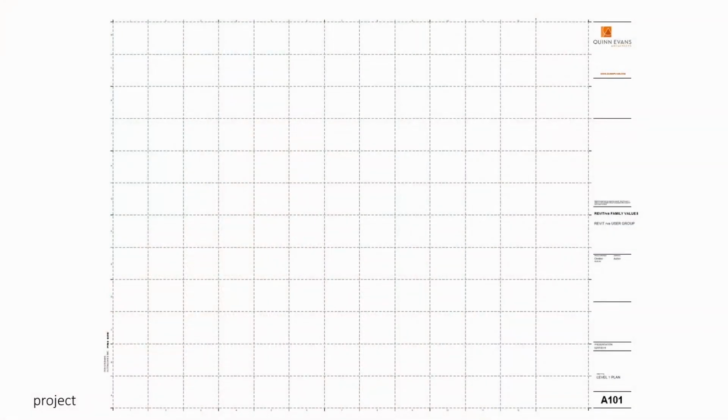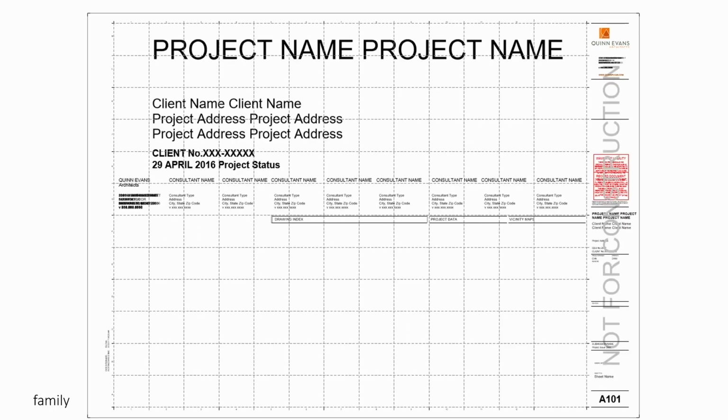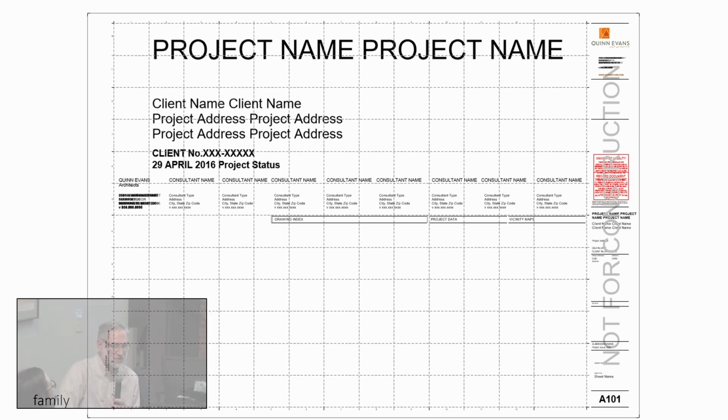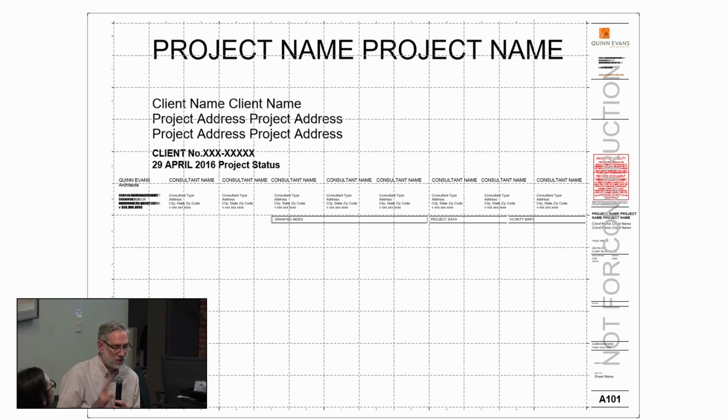At Quinn Evans, this would be our typical sheet title block. And this is the family view of that same file. There's a lot of stuff packed in here, but I want to focus on a couple things. One is the title or the address portion up in the top right-hand corner.